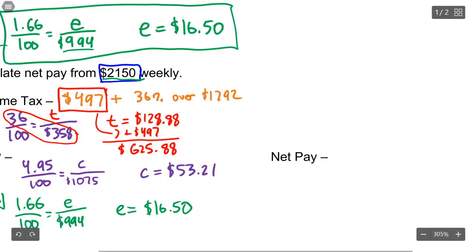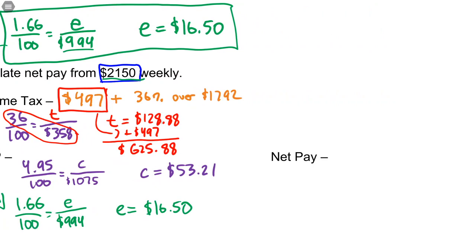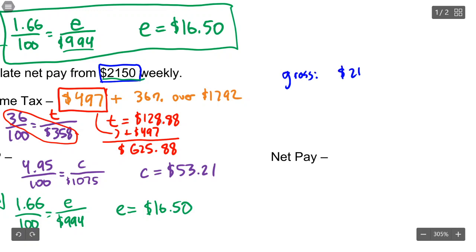So let's put all those pieces together to figure out our net pay. So our gross is $21.50. Our tax is going to be subtracted, and it's $625.88. And our CPP, this is the most CPP you can have.